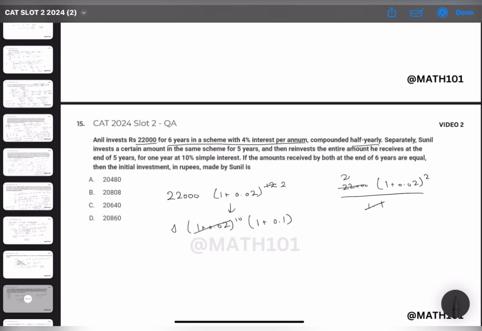So this becomes 20,000 into 1 plus 0.0004, this is squared, plus 2 into this, this is 0.04. 0.0404. That is equal to 20,000 into 1.0404. This is equal to 20808. So the answer is B.